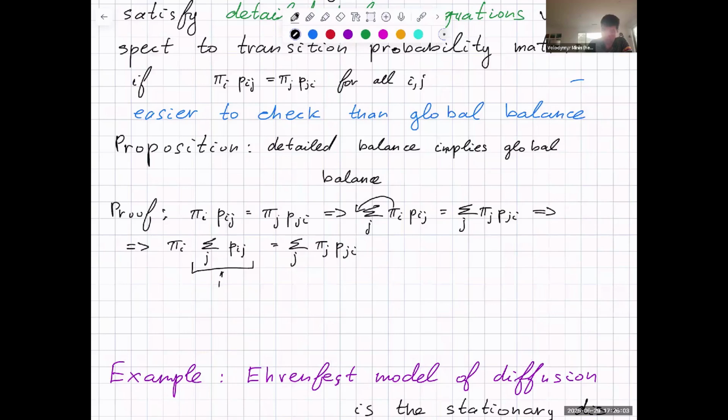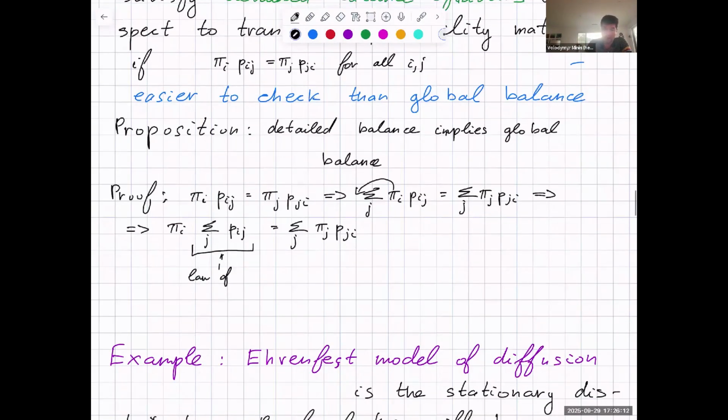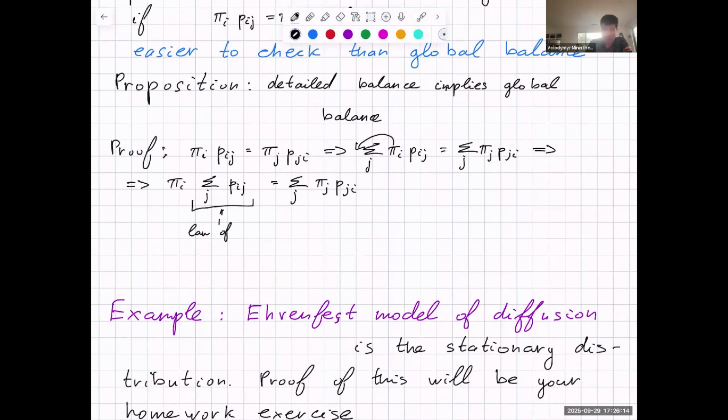It is 1. Again, this is because of the law of total probability. If I'm at state i, I need to go somewhere. So if I sum over all possibilities of where I can go from i, it needs to sum to 1. So this is the law of total probability, which basically says that probabilities must sum to 1. Something should happen.